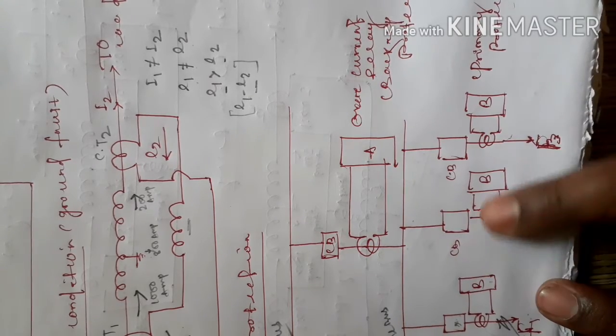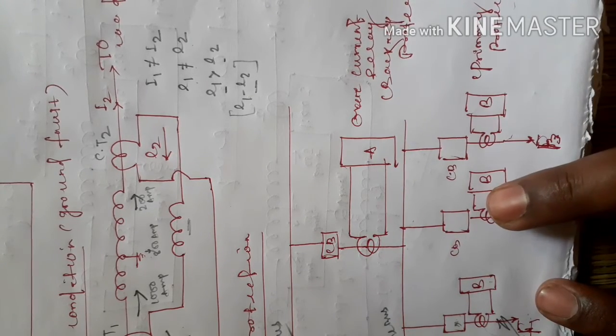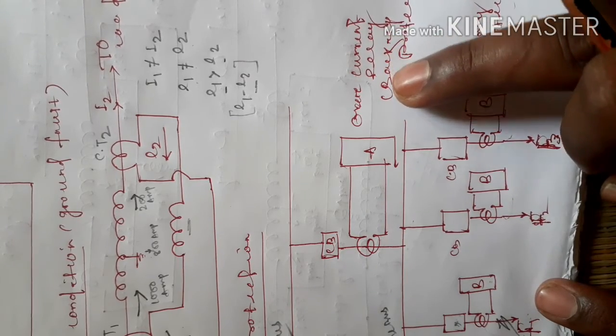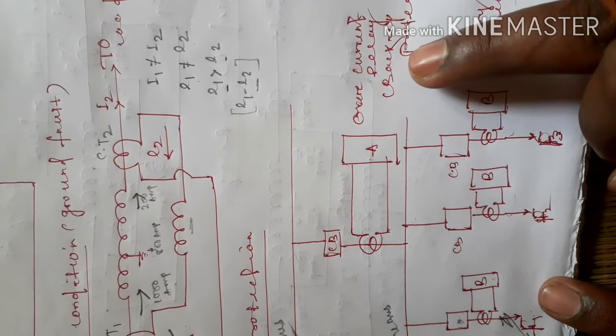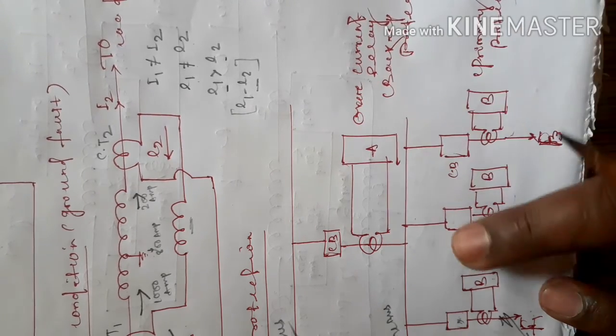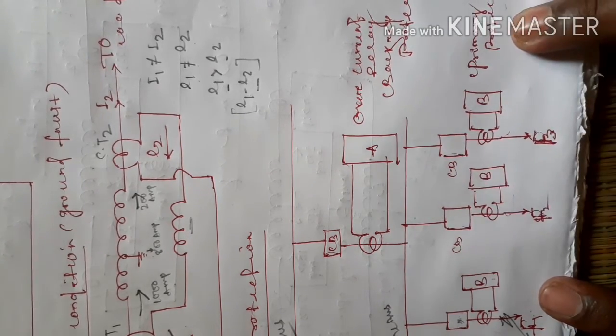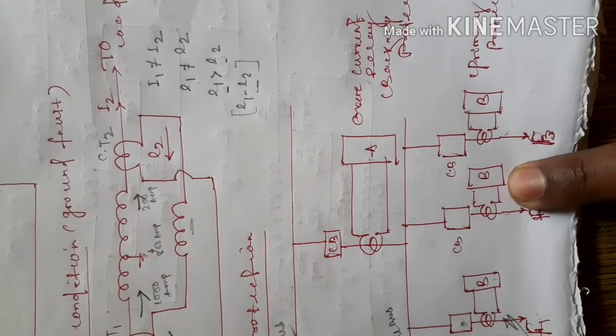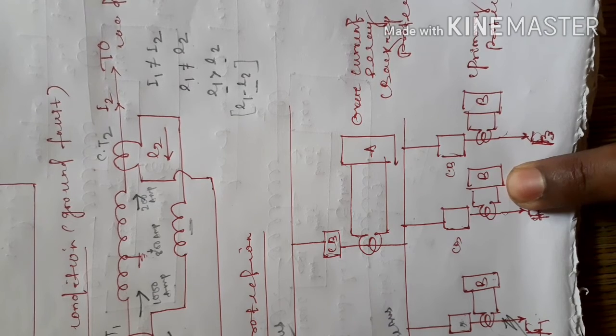The time setting of the primary protection system is less compared to the backup protection system. Hence we conclude that the time setting of the backup protection is greater than that of the primary protection system. The time setting is directly proportional to the operating time of the relay coil.